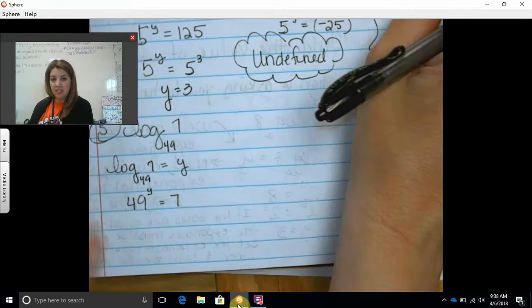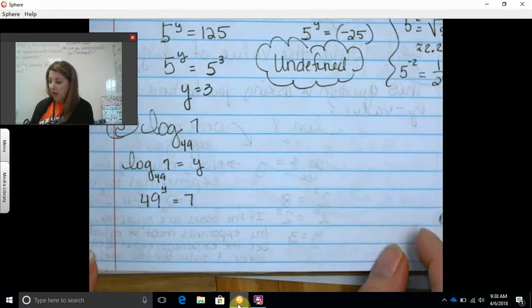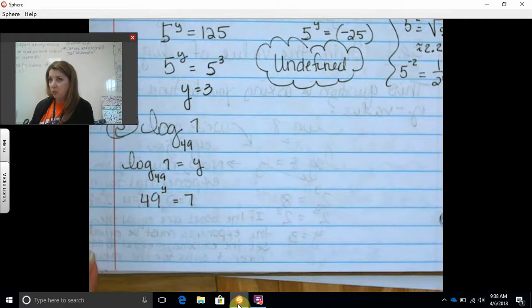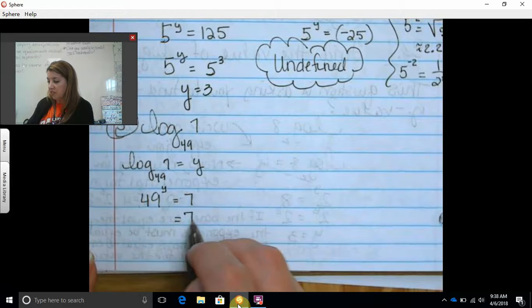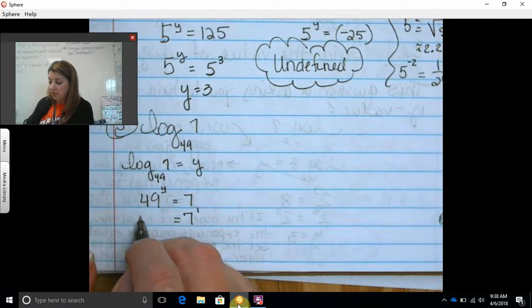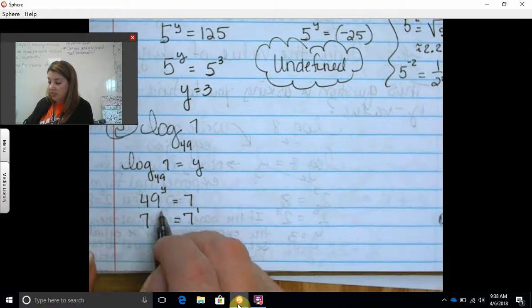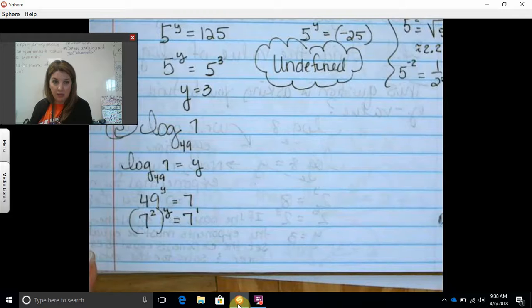All right, so if I wrote this as an exponential equation, how can we write 49 and 7 with the same base? What base would we use? 7. So 7 already has a base of 7, so I'll just say 7 to the first. 49, if you use a base of 7, would be 7 raised to the second power, and you already have a y in the exponent.